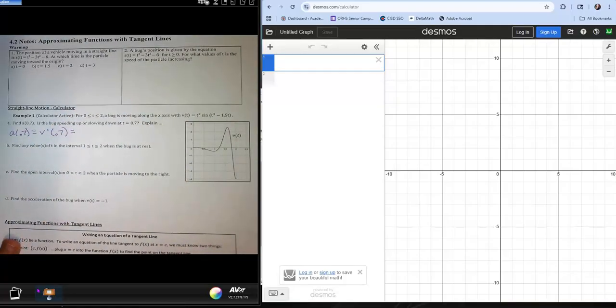So let me show you how to type that into Desmos. It is helpful if you just go ahead and put that function in.